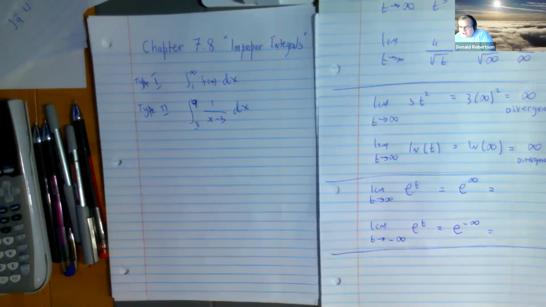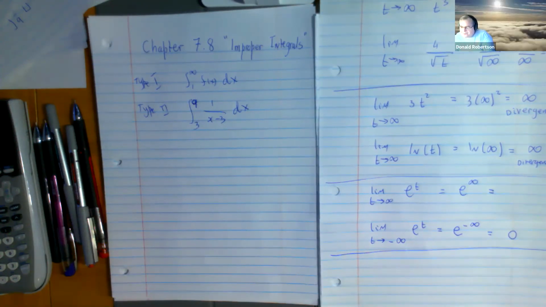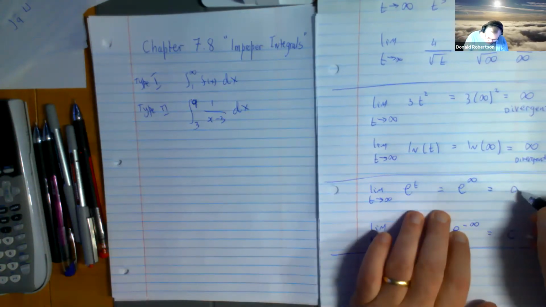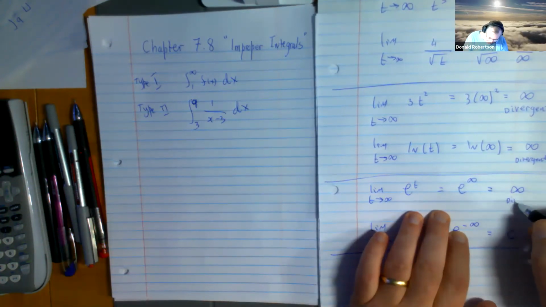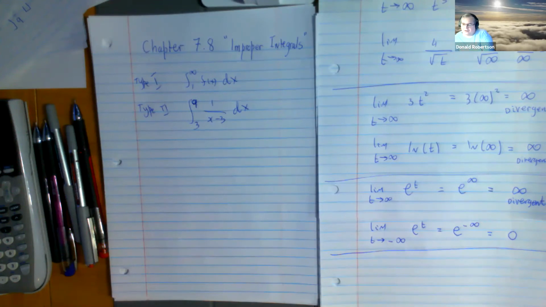Tell me the answer to either one of those. 0. For which one? The bottom one. What's the answer to the top one? Infinity. Then you nailed it. Now, some of you might be puzzled where his 0 came from.